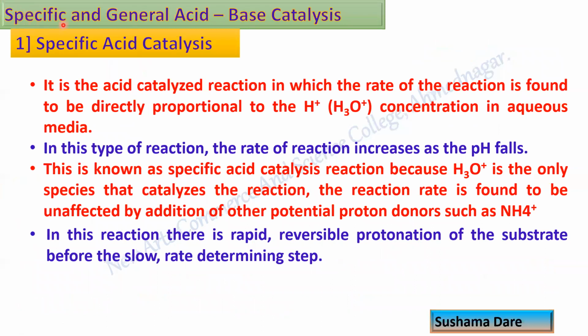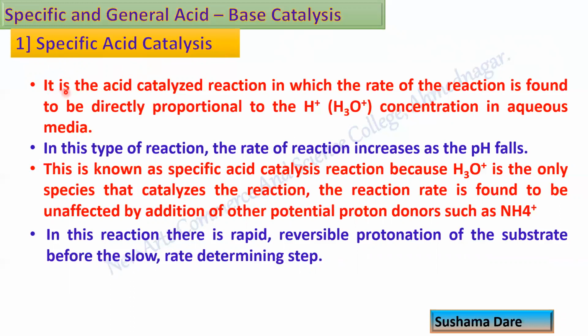Now the next point, specific and general acid-base catalysis. Now the first point, specific acid catalysis. What is the meaning of this? If you carry out a reaction, some reactions are catalyzed only by certain acids, and that type of reaction we call a specific acid catalysis reaction.